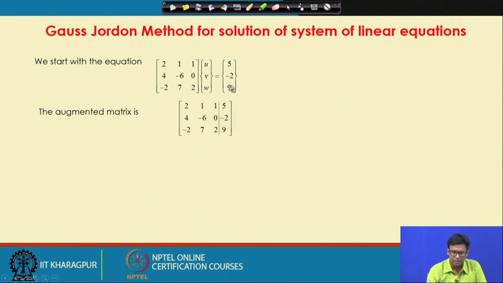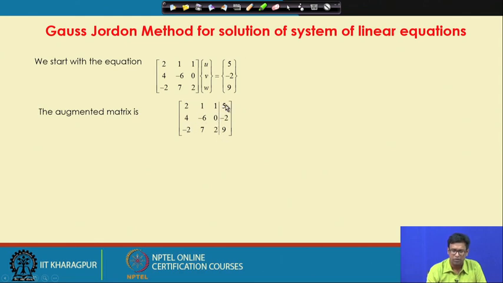So, the augmented matrix means this matrix augmented with the column vector, and we will see how we get a reduced echelon form here. So that the first non-zero element from the left will be 1, and as this is a diagonal triangular matrix, the reduced echelon form will be an identity matrix.